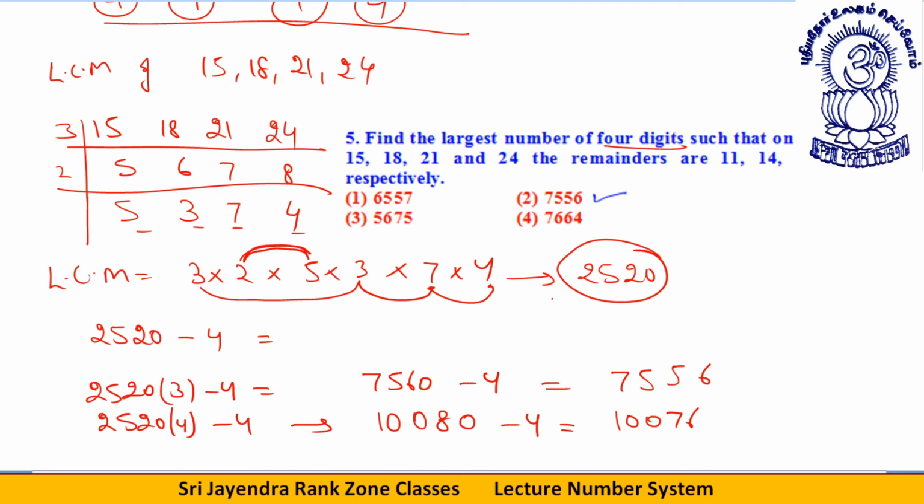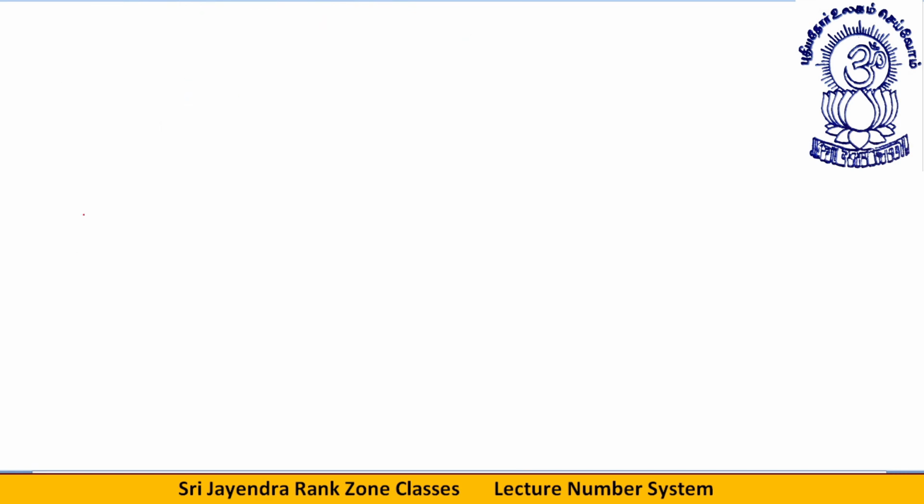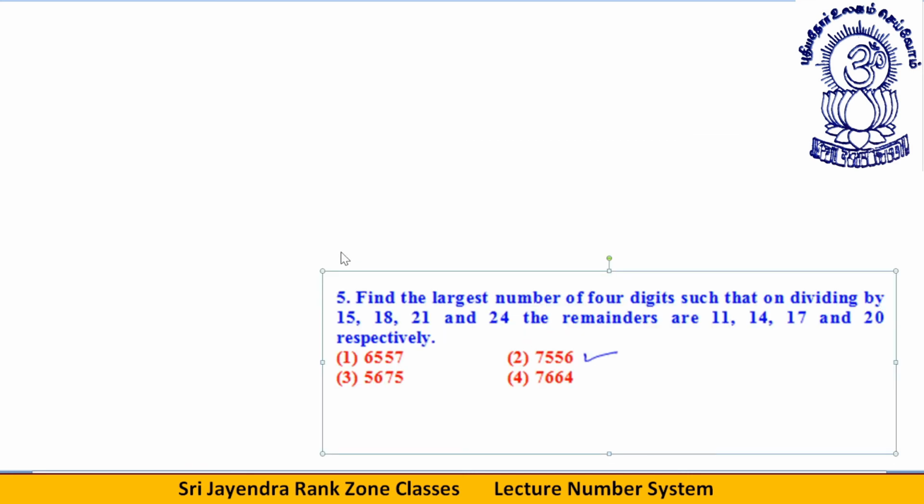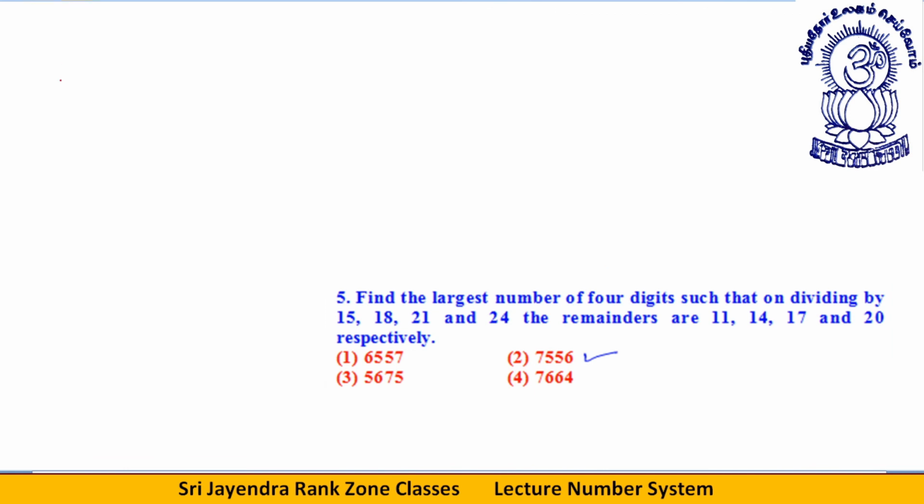Now students, I'm going to tell you a very beautiful way. Look, let me copy this question on the next page again. See, any number when divided by 15, unit digit will be 15, 30, 45, 60.